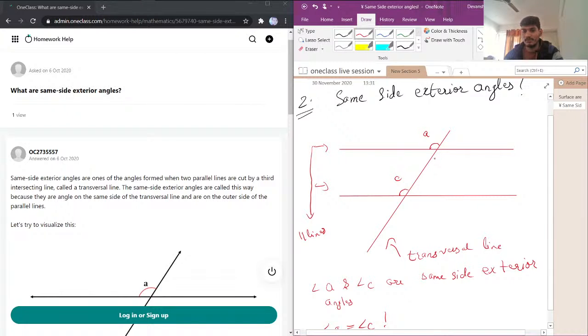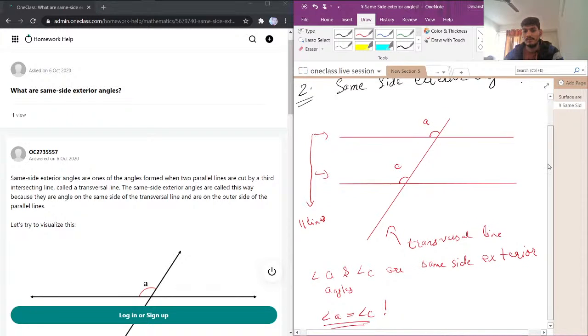We can also prove this by the total sum of this angle and this angle being 180 degrees, and we have the alternate interior angles property, this one will be equal to this one.